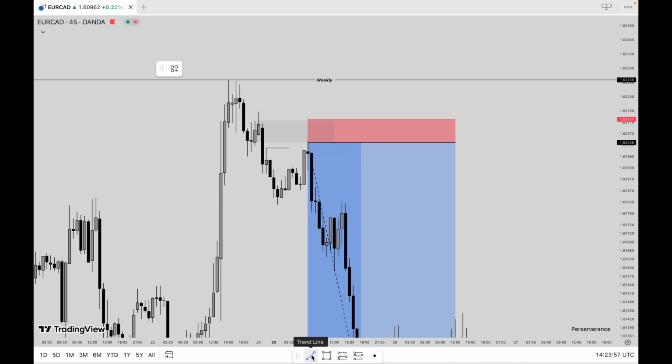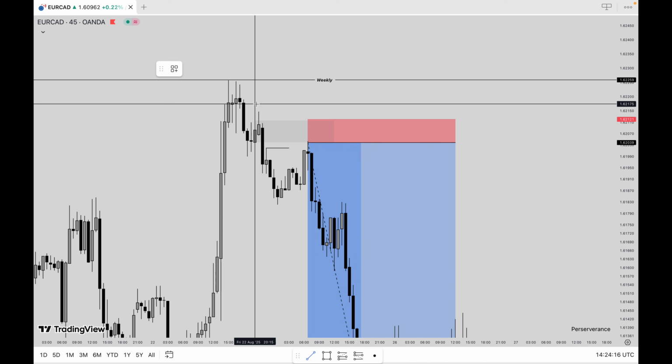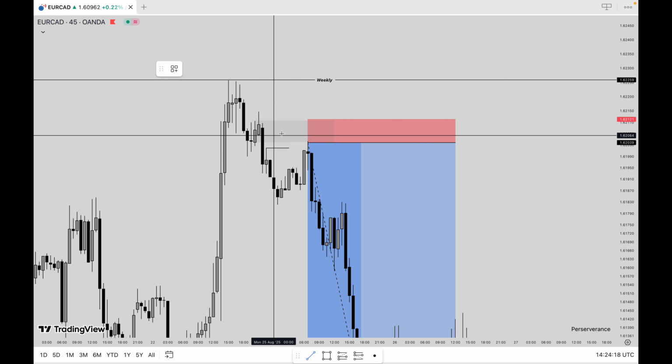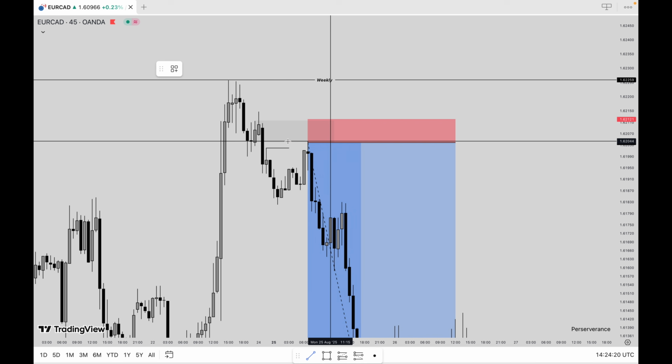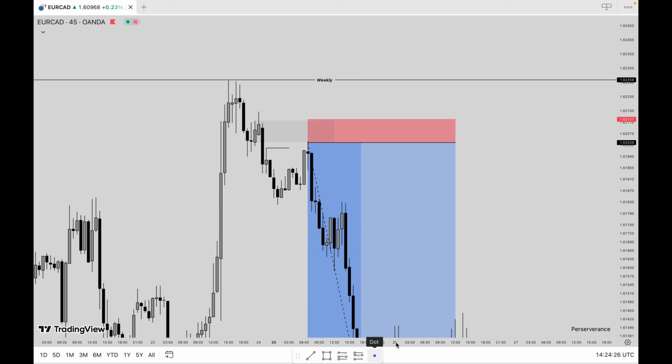Since the overall direction is still bullish, and price tapped into a weekly resistance zone, there's definitely going to be a pullback in order for price to align with the overall trend, right? If you go down to the lower time frame, you are going to see a market structure shift, which means you will be selling the market while the overall direction of the market is still bullish.